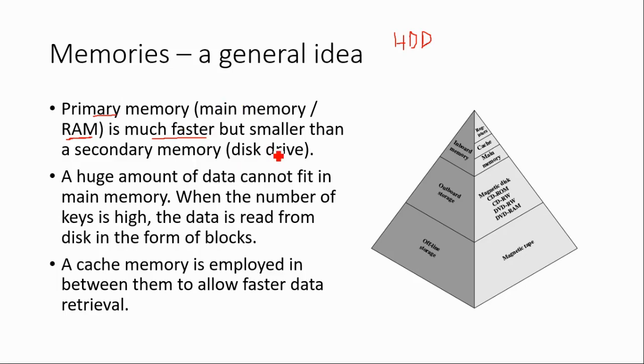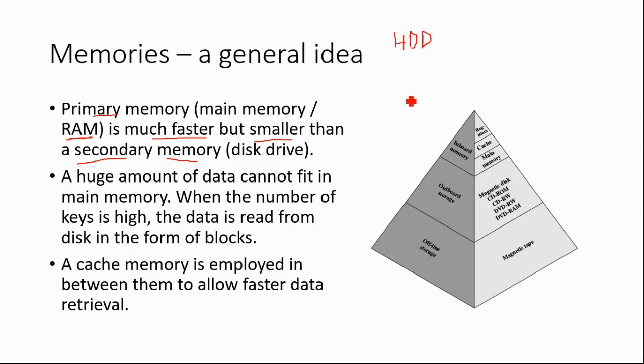However, primary memory has a smaller capacity. It can hold a smaller amount of data than secondary memory. So you can see in computers or laptops that the RAM is 2 GB or 4 GB or 8 GB, and you have hard disk drives of say 100, 200, 500 GB, or now you have 1 TB hard disk drives also. So the secondary memories have more space than the primary ones.